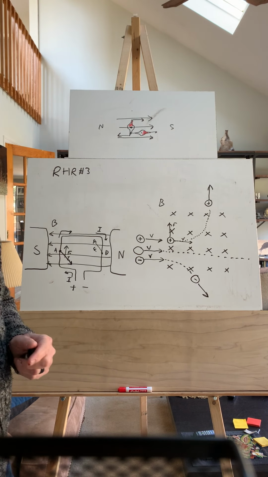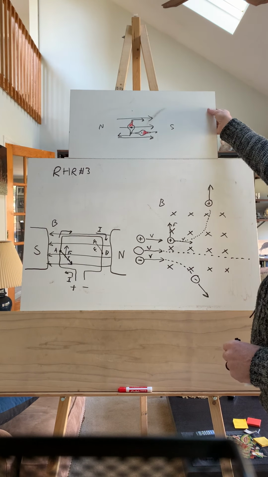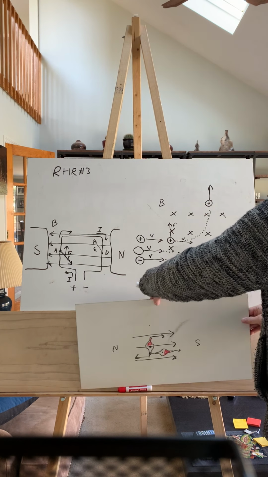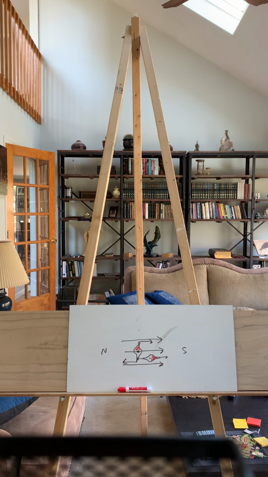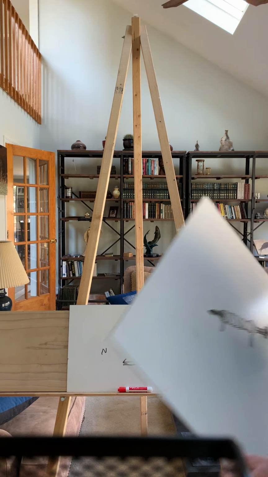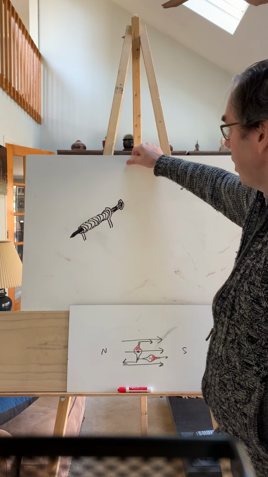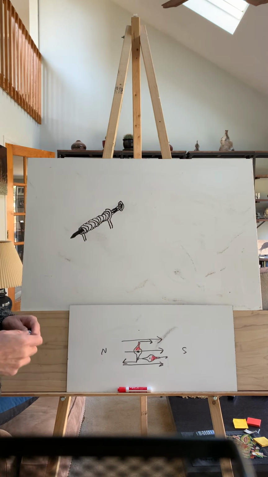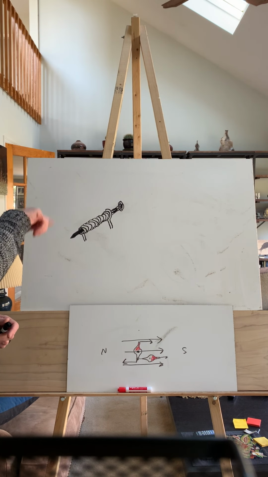Now, the last thing we want to look at in this video involves right-hand rule number 2. And it's going to be the basis of our study of the motor for today. Now, we've talked a lot about solenoids, which are long, successive loops of coiling wire.